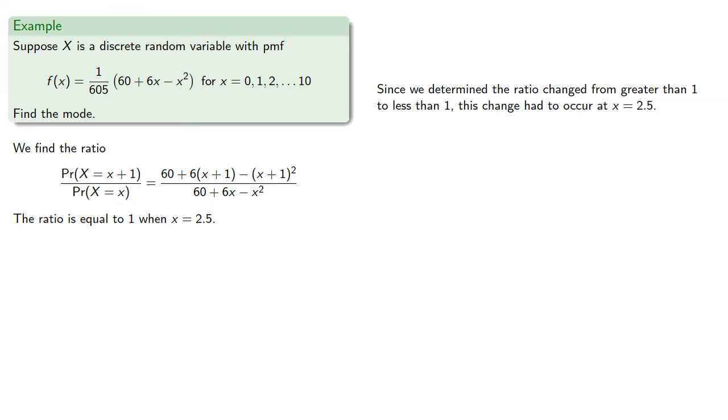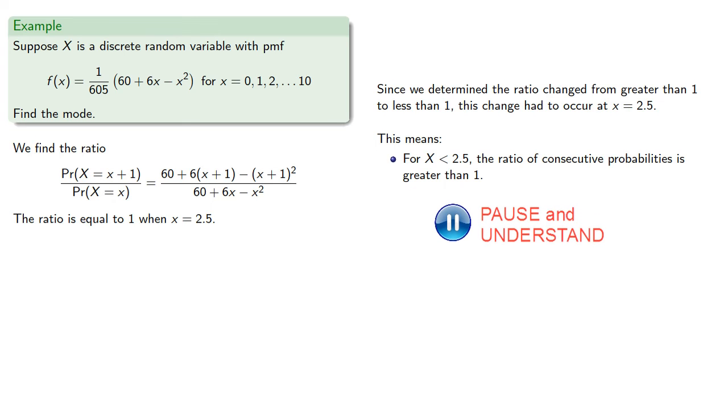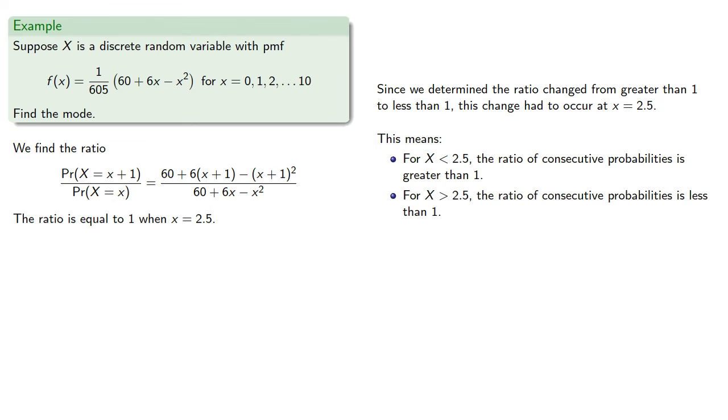Now, since this is the only place the ratio could have changed, it means that for x less than 2.5, the ratio of consecutive probabilities is greater than 1, and for x greater than 2.5, the ratio of consecutive probabilities is less than 1.